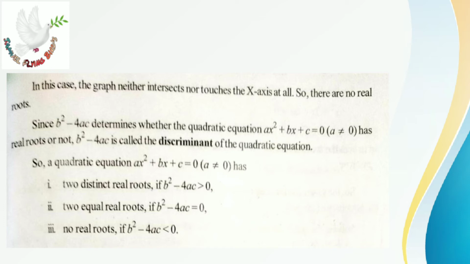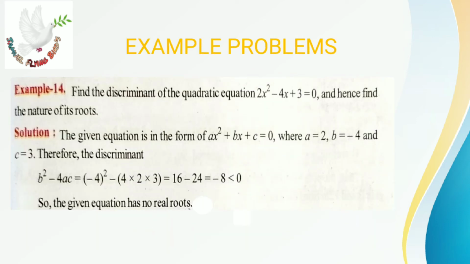For the first case, two distinct real roots are formed if b square minus 4ac is greater than 0. In the second case, two equal real roots are found if b square minus 4ac is equal to 0. There are no real roots in the third case, if b square minus 4ac is less than 0.